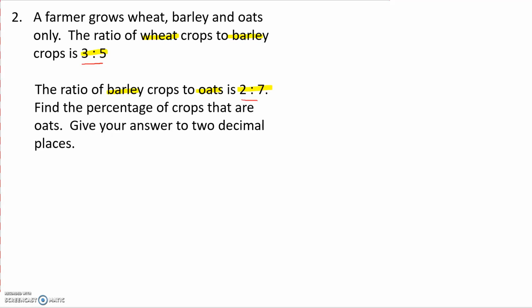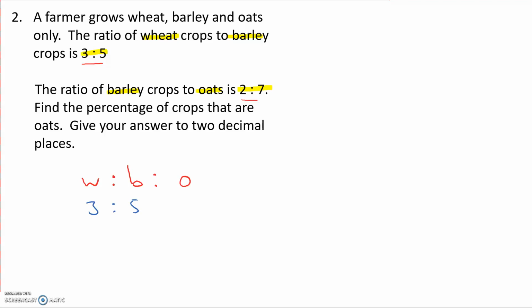What we really want is to find out the ratio of wheat to barley to, what's the other one? Oats. Wheat to barley to oats. And we know the wheat to barley ratio is 3 to 5.